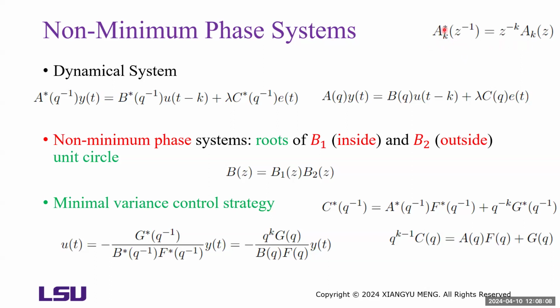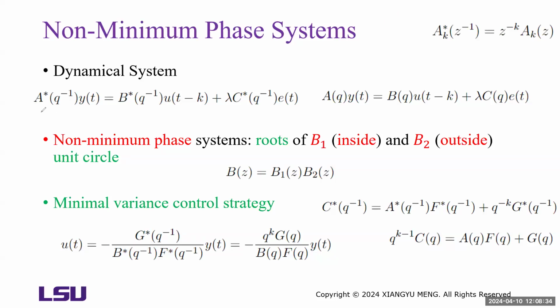For A star, assume the polynomial A_K is of order K. Therefore A star K will be z to the negative K times A_K. In this case, the polynomials A, B, and C are all of order n.